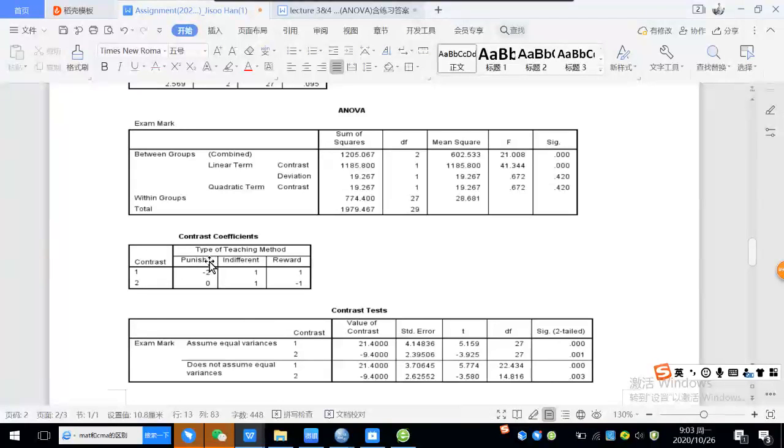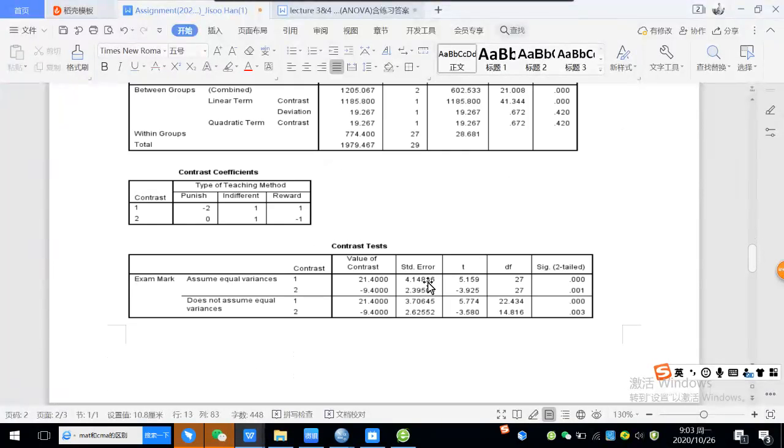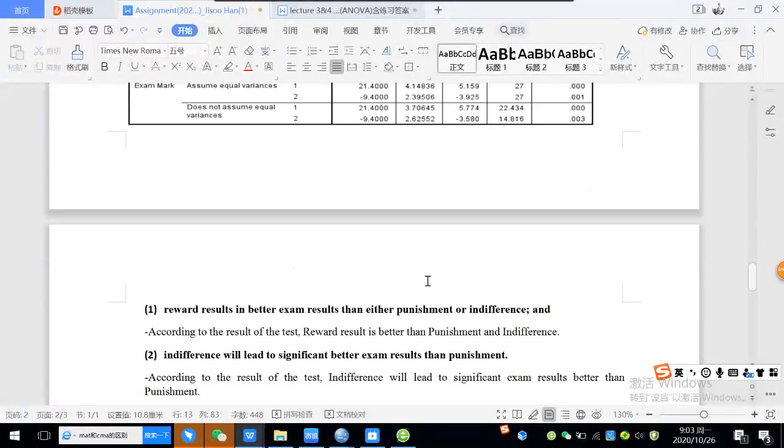Then the hypothesis should be like this: punishment is one group, indifferent and reward is one group. So I think maybe you made a mistake. You think the number 1 is reward, but in fact it's punish. So Jinser should take care.